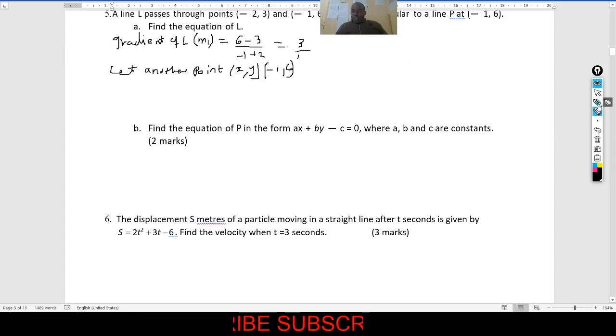So this implies that y minus 6 all over x, this x now minus -1, also plus 1, gives my gradient, which is 3 over 1.